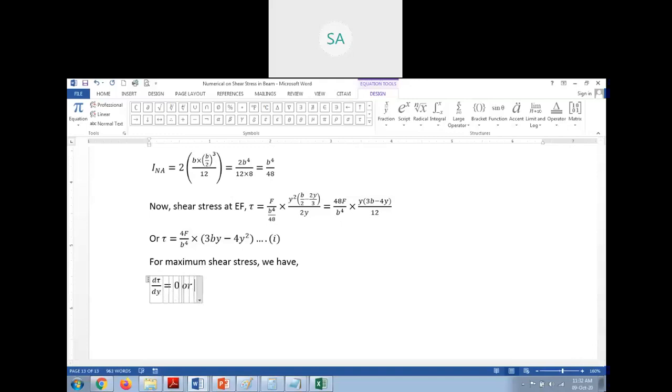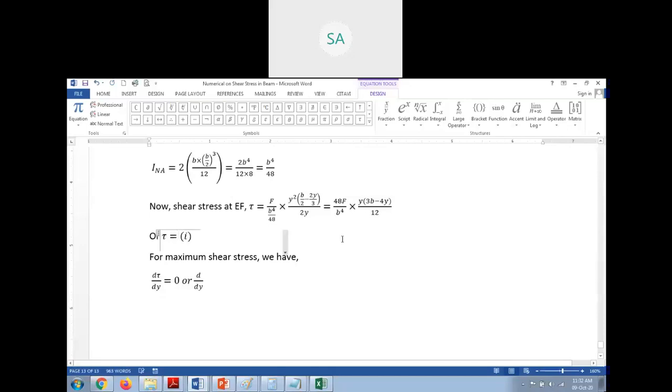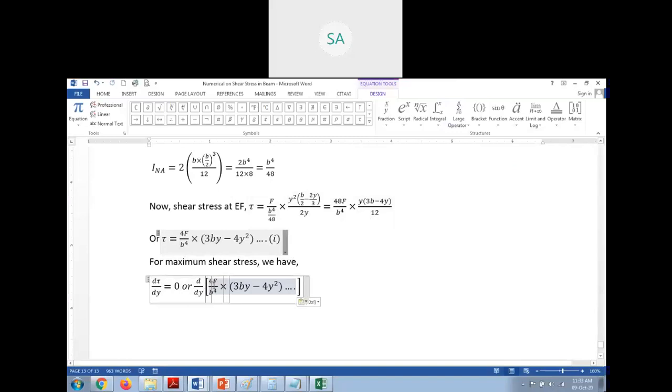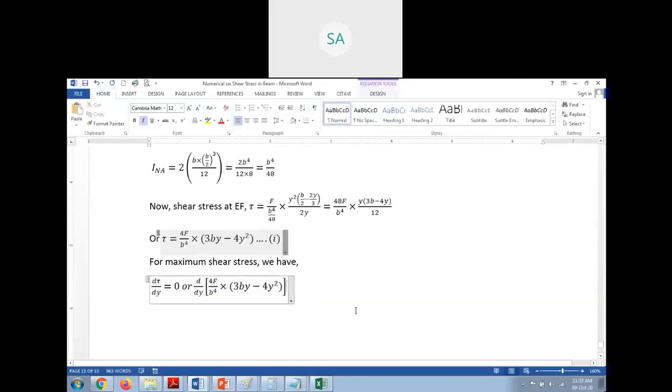Or d by dy of this expression, and this should be equal to 0. Now let us differentiate this. So when you differentiate this, this is a constant, right?